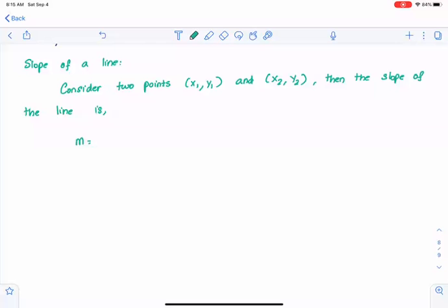Understand why the formula is the way that it is.